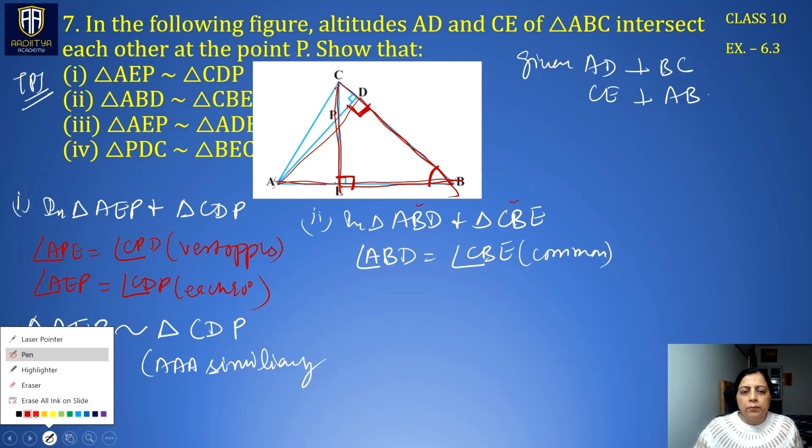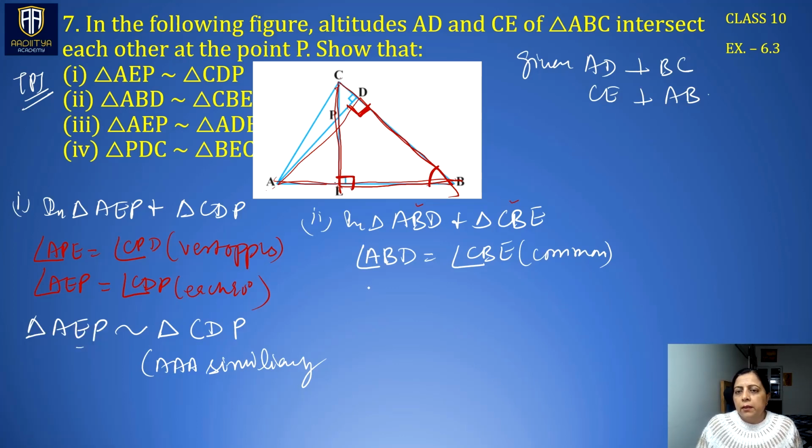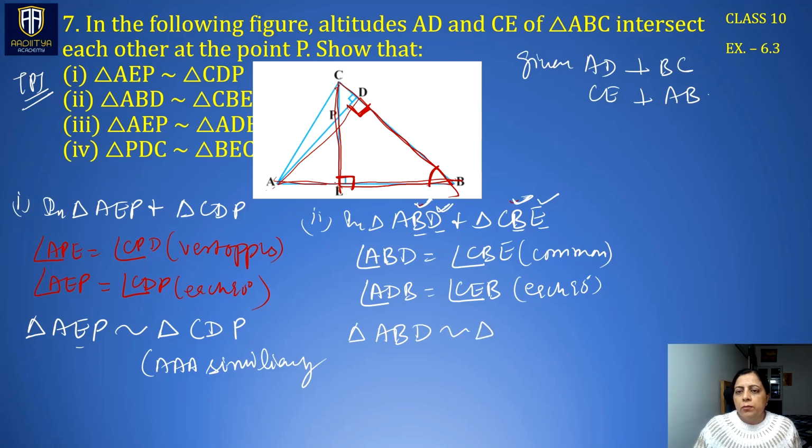So we have one pair of angles equal, like angle ADB is equal to angle CEB, they are equal, each 90 degree. Right? See, angle B is equal to angle B and angle D is 90, E is 90. Look for those parts. You will get your solution in clicks. So we have triangle ABD similar to triangle CBE by AAA similarity.